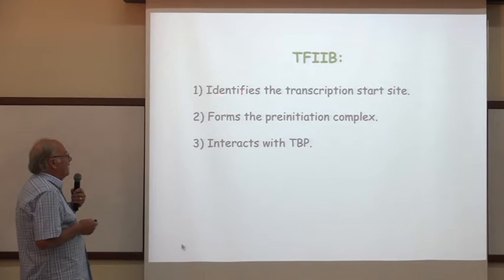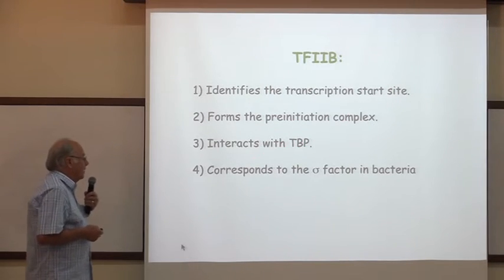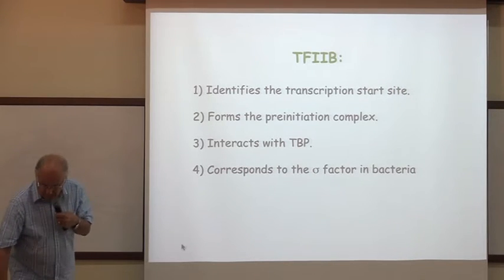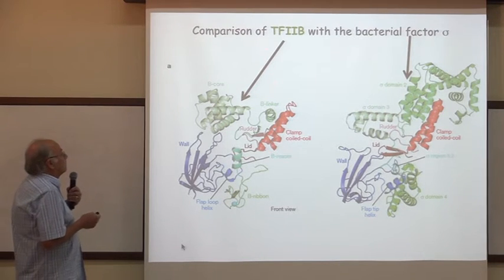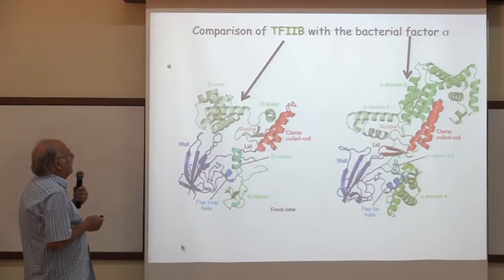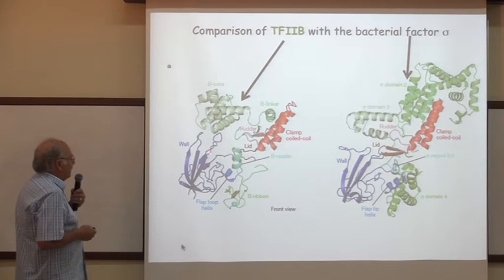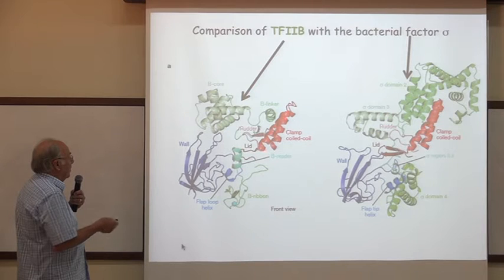So TFIIB identifies the transcription start site, it forms the pre-initiation complex, it interacts with TATA box binding protein, and actually it corresponds to the sigma factor in bacteria. So to make a simple comparison here, here we see the TFIIB in its place on the RNA polymerase. This is just part of the polymerase called the wall structure, and here is another part of the RNA polymerase.